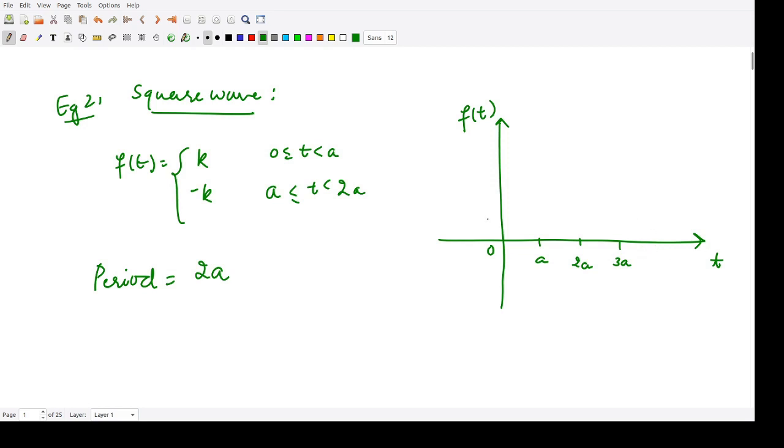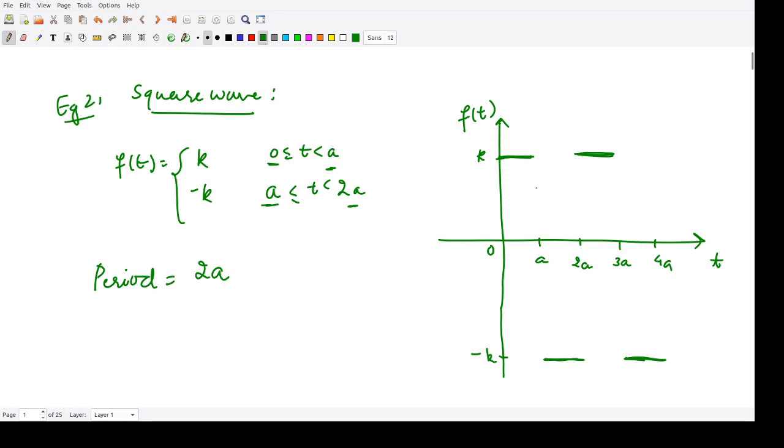The function is defined from 0 to a; from 0 to a its value is k. From a to 2a its value is minus k, so on the negative side, say this is minus k. Again, because this is a periodic function, from 2a to 3a its value would be k, and then from 3a to 4a its value would be minus k, and so on.